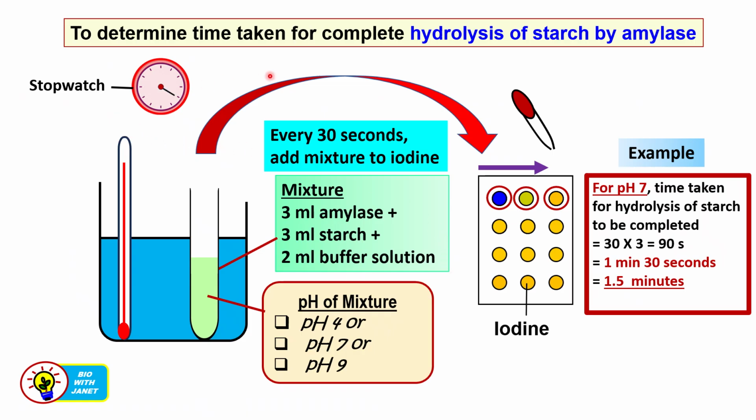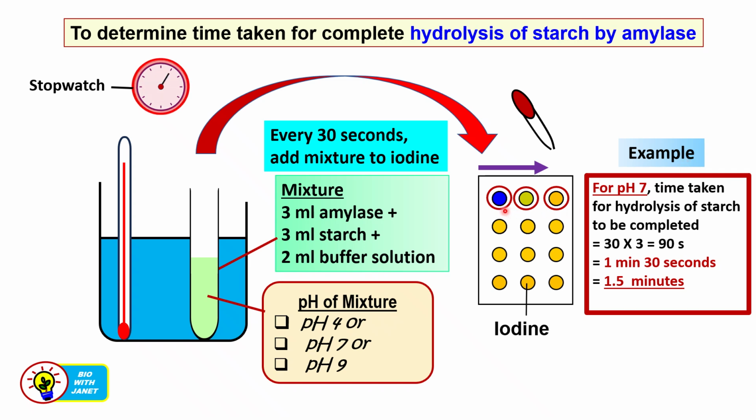So here is an overall picture of how to determine the time taken for the complete hydrolysis of starch by amylase. In the mixture here, you have 3 ml amylase, the amylase enzyme, the starch as the substrate, and the buffer solution. Let's say we start with pH 7. So every 30 seconds, add the mixture to the iodine drop in the groove here on the white tile. So here's an example.